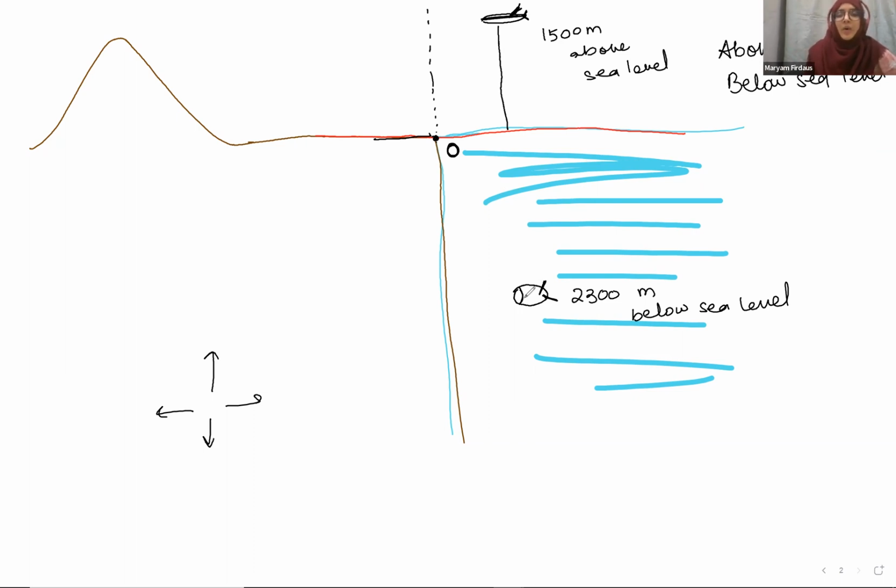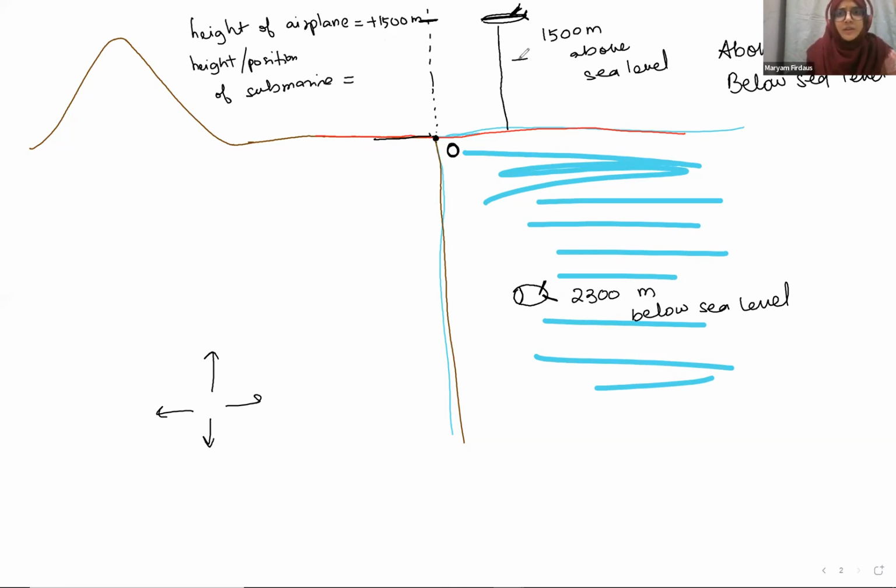Exactly. Now if we are to denote this, we say the height of the airplane is positive 1,500 meters. And the position of the submarine, what do you think it will be?